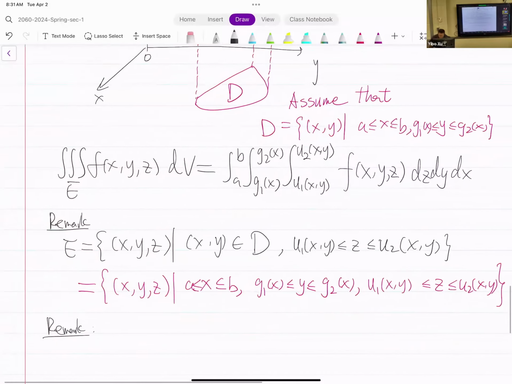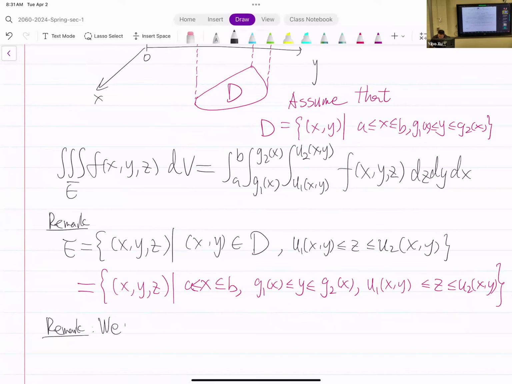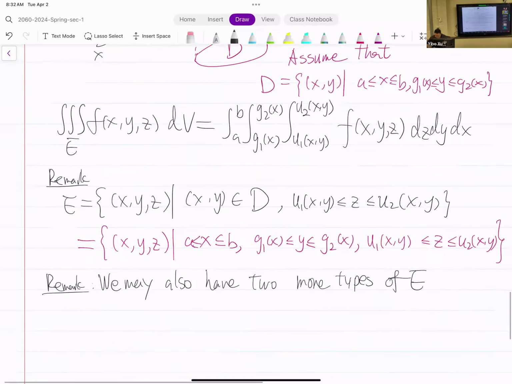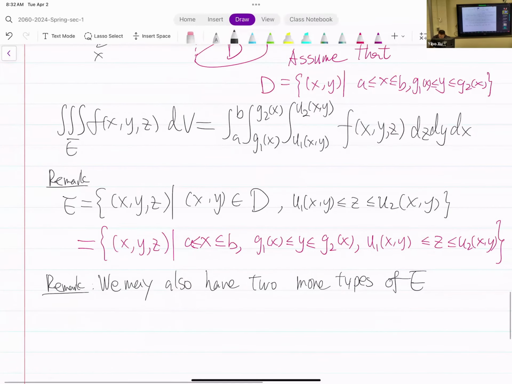So here we mark. We may also have two more types of description for the solid. Okay. So we can write it as so.